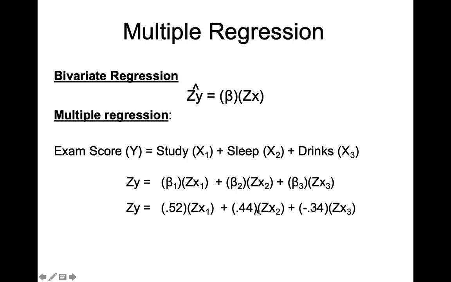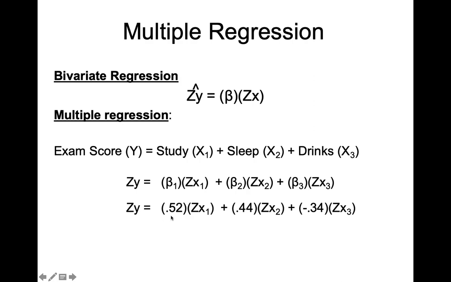Our standardized regression coefficients are interpreted in much the same way that we interpret the regression coefficients in the bivariate case. Okay, what these coefficients express is whether we have a positive or a negative association between a predictor and an outcome.